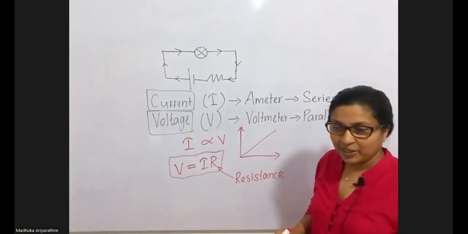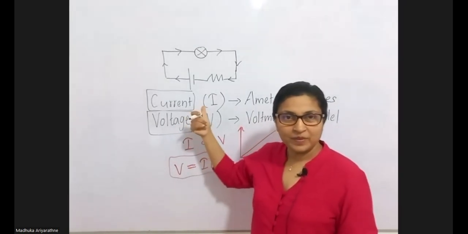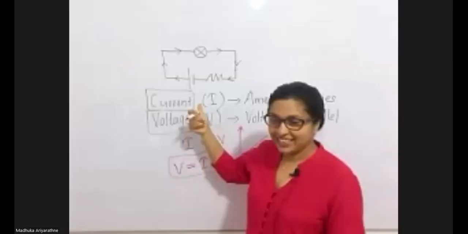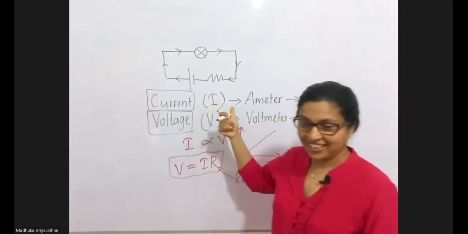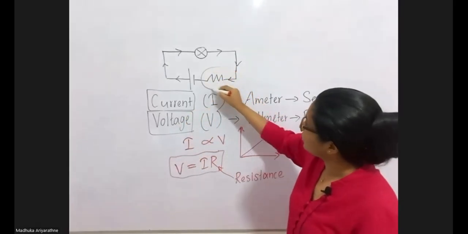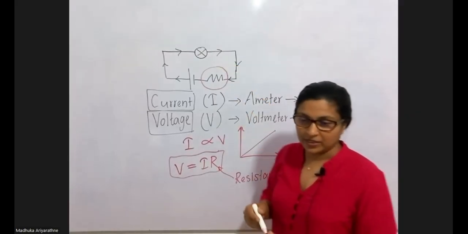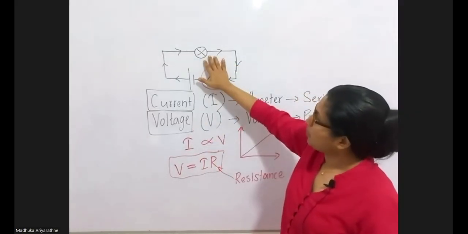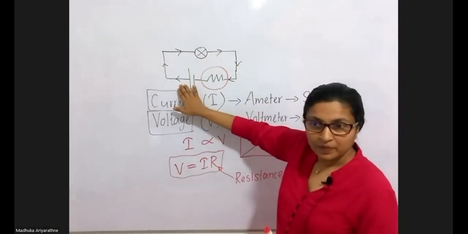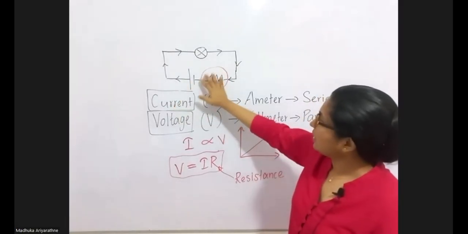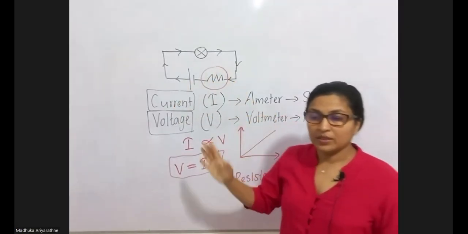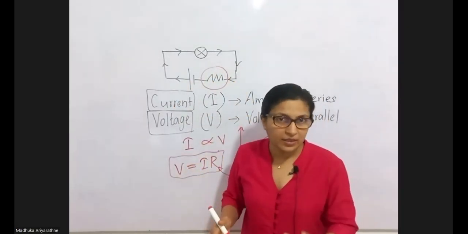Yes, the symbol. So apart from the bulb and the dry cell, there is another component. This is what we call a resistor.